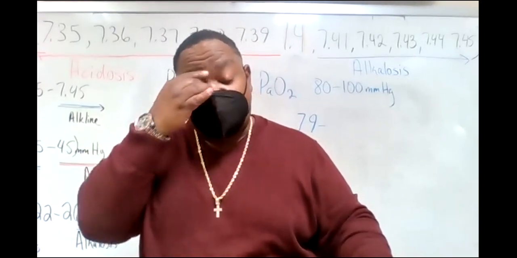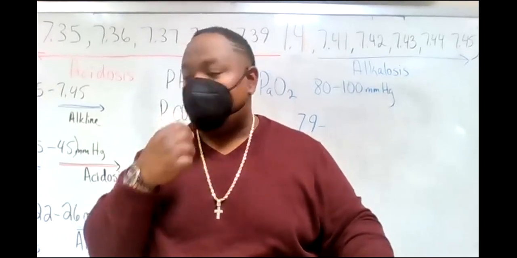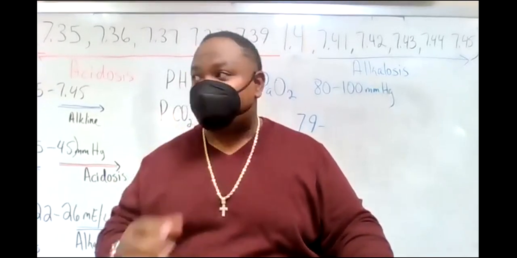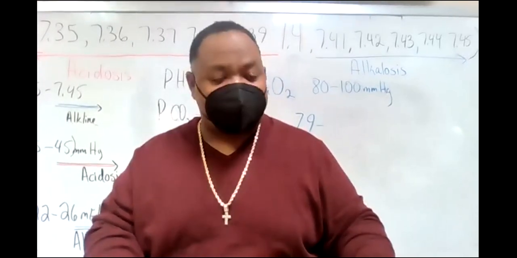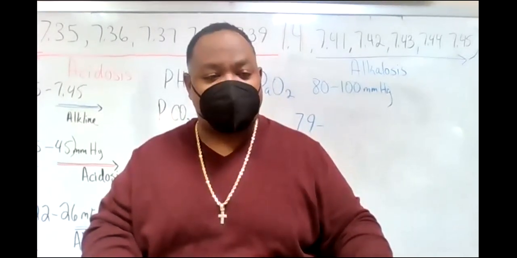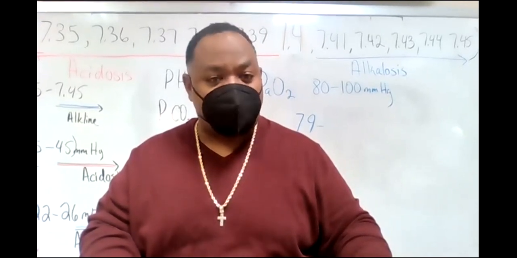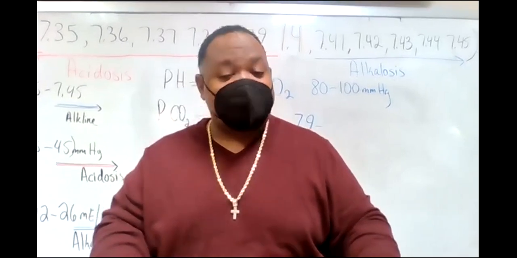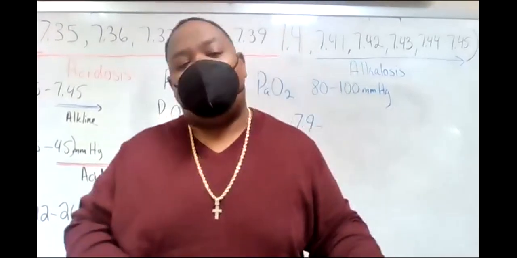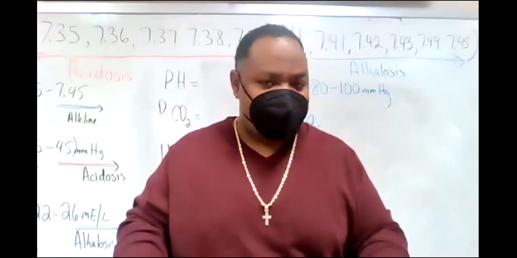But now we have that second component to add, and that is the oxygenation status. We learned that hypoxemia is a deficiency of oxygen in arterial blood, right? And hypoxia is lack of oxygen in the tissues, right?